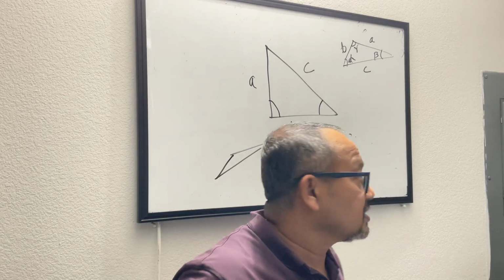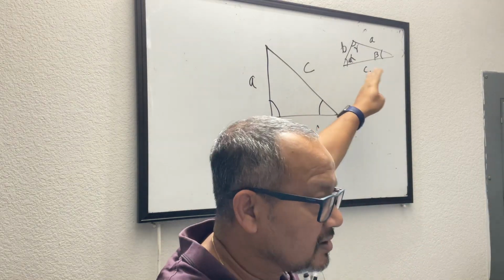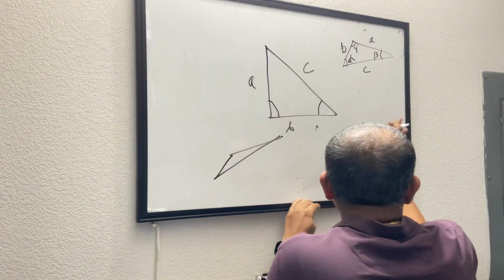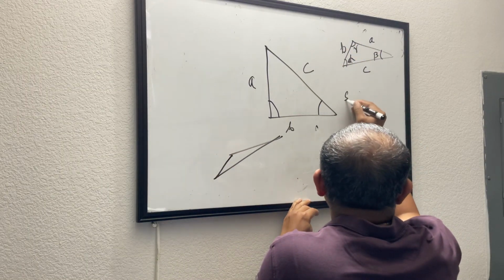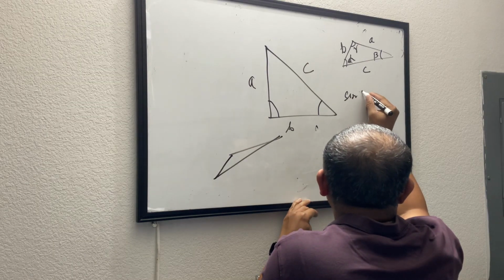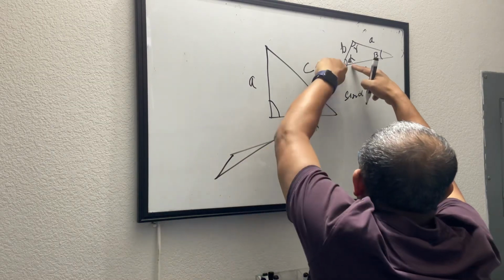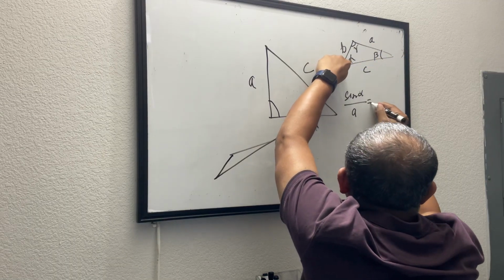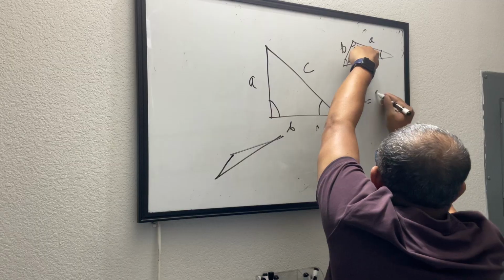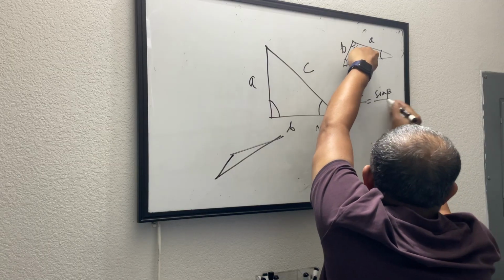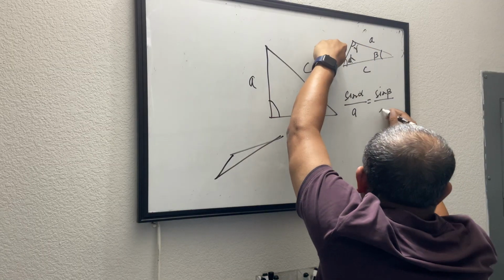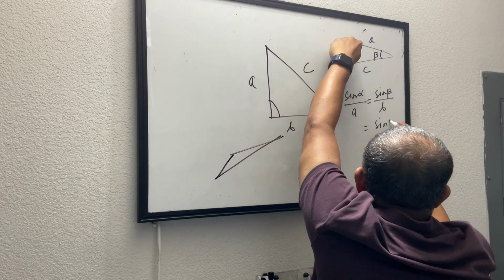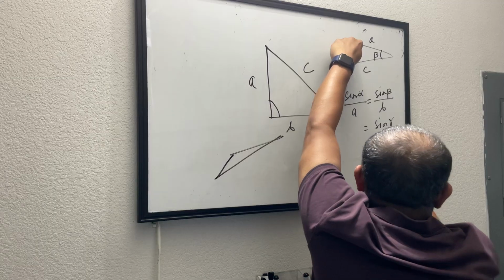If I know three angles of a triangle, and I have three sides, there is a law of sine which says sine alpha divided by the side opposite to that, equals sine of beta, the second angle of the triangle, divided by the side opposite to that, which equals sine of gamma, the third angle, divided by C, the third side.